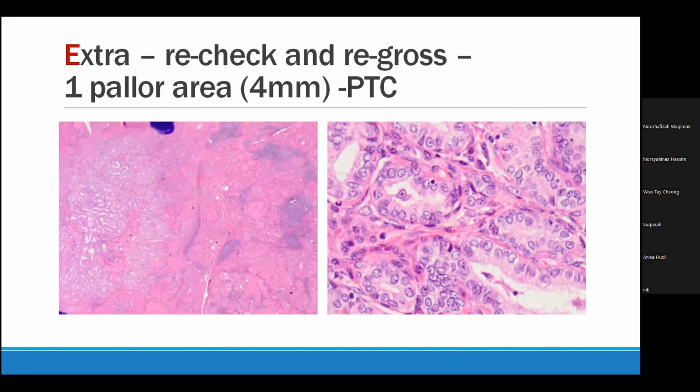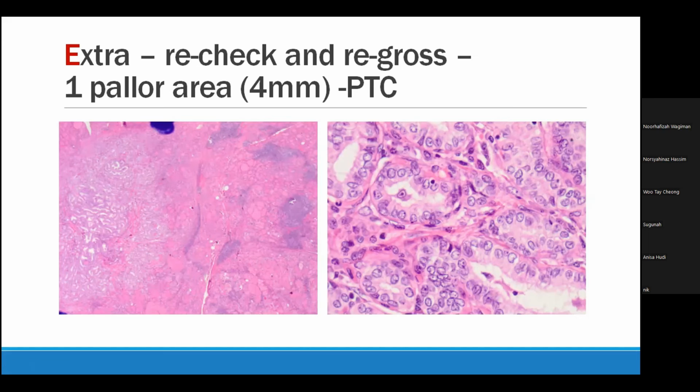So the moral of the story: if you feel like rechecking, go and recheck. You may find something new. Radiological findings are sometimes a guidance, but we don't always have to rely on that. We have to do our thorough checkup. And when we take an extra block, we can tell even if it is a microcarcinoma, PTC was there.